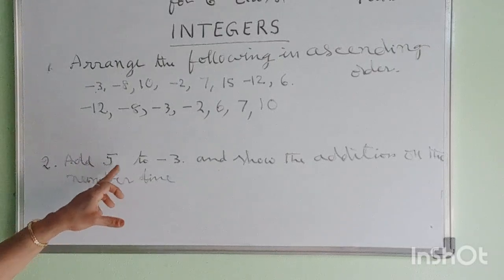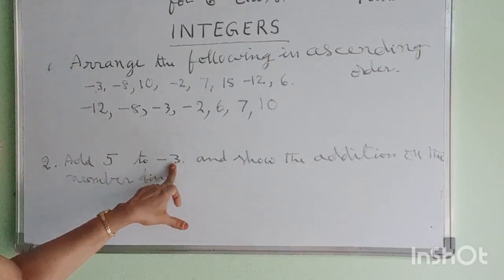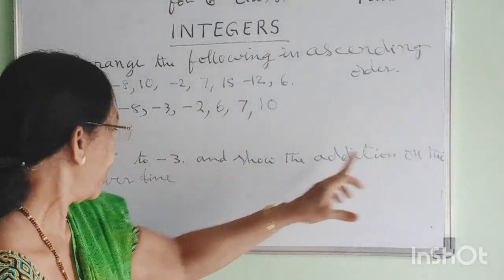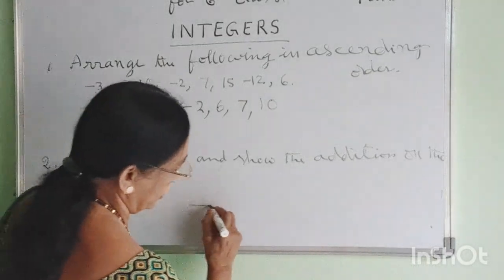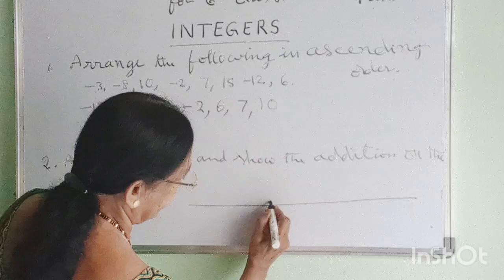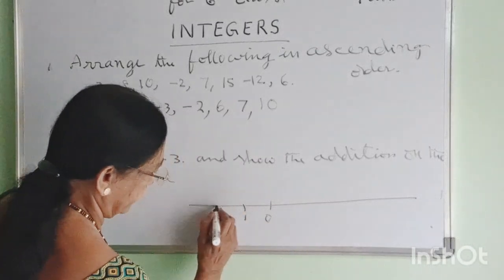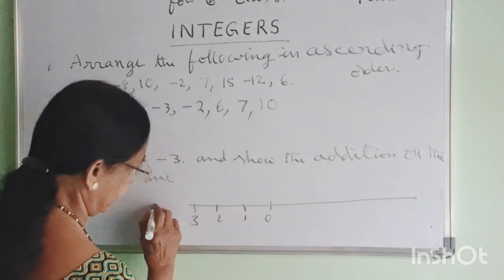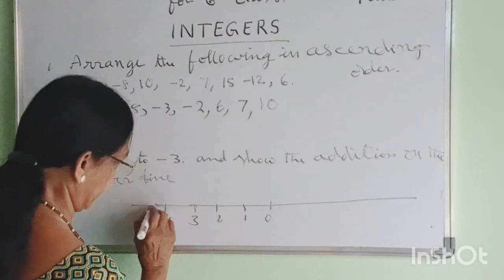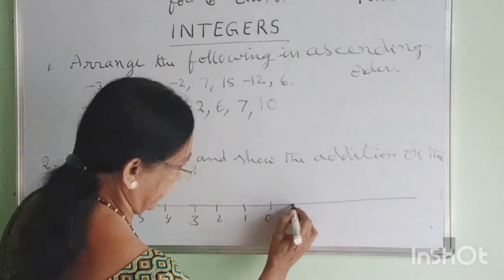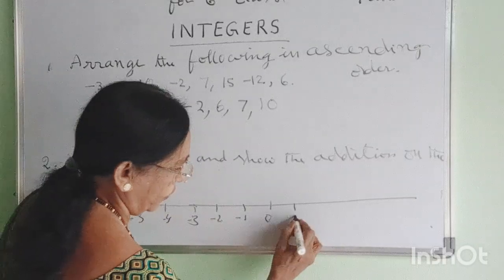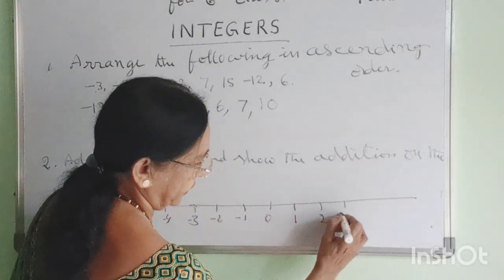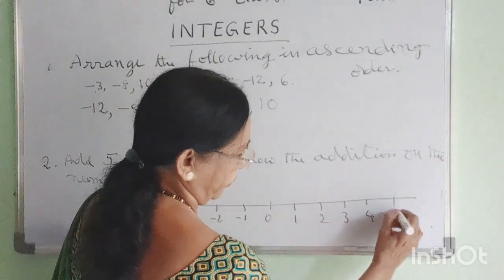Next problem, add 5 to minus 3 and show the addition on the number line. We will draw the number line 0, 1, 2, 3, 4, 5, and on the left side the negative numbers 1, 2, 3, 4, 5.